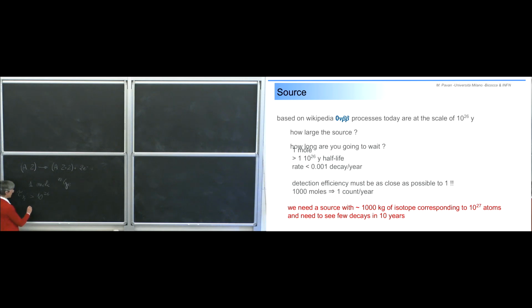What is the rate? Okay, the rate is the number of double beta decay candidates divided by the, we can use even the half-life or the lifetime of the isotope. How many atoms do I have in 1 mole, and what is the weight of 1 mole?